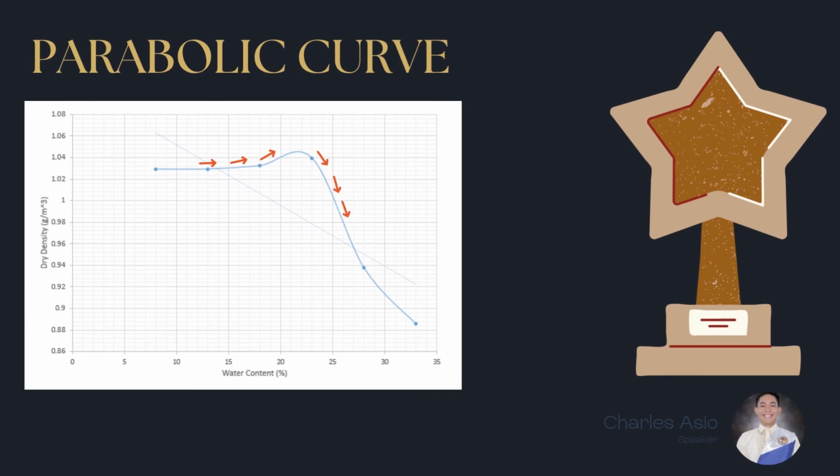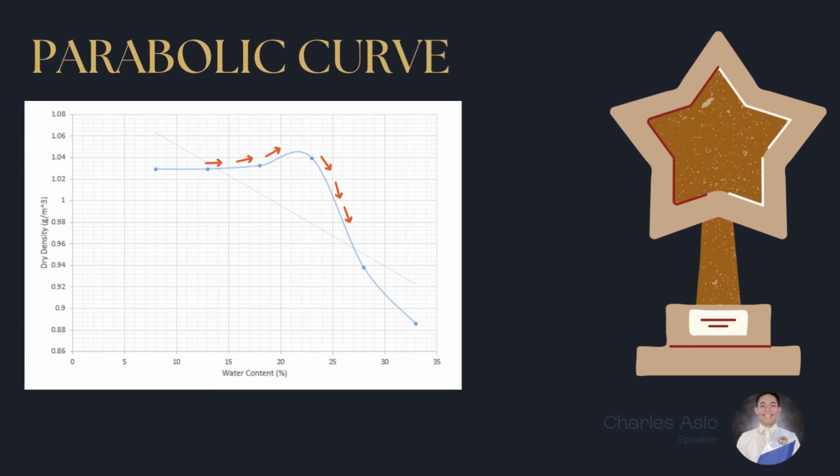In conclusion, as the moisture content of a soil sample increases and is compacted, there will come a point where it reaches its maximum dry density, and that point is also its optimum moisture content. For this experiment, the optimum moisture content is 23%, which results in a maximum dry density of 1.0396 grams per cubic centimeter.